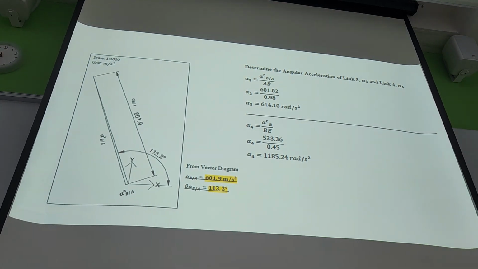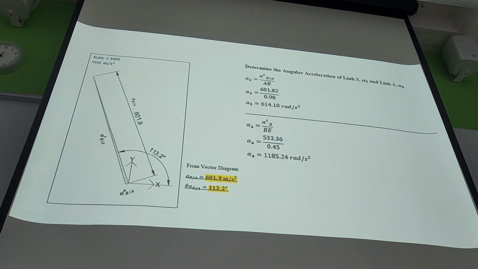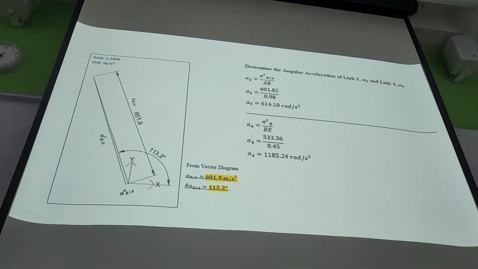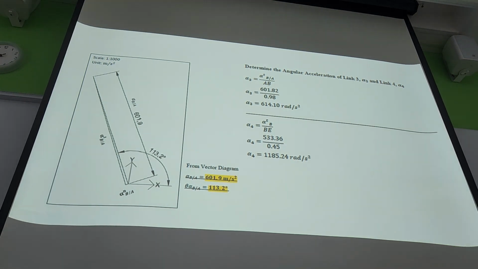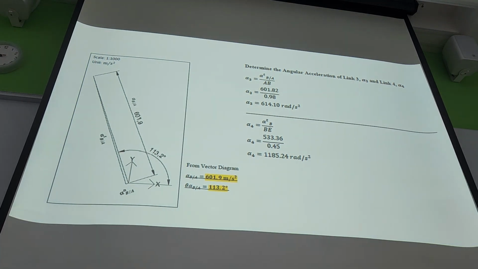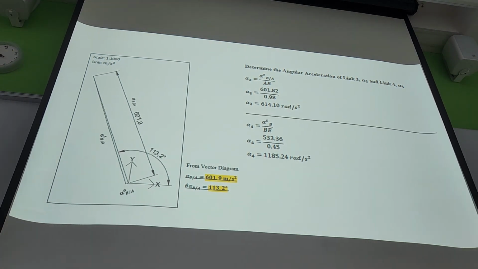Then you know B tangent, so B tangent over the length of link 4 gives you the angular acceleration of link 4. Once you complete the polygon, the equations are always quite simple here.